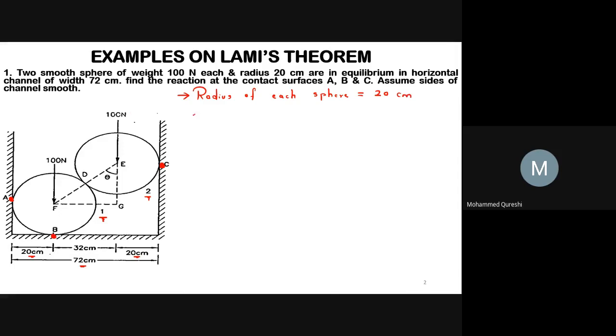So we may write that AF, this portion, equals BF, this portion, equals FD, equals DE, equals CE. All these will be 20 centimeter.